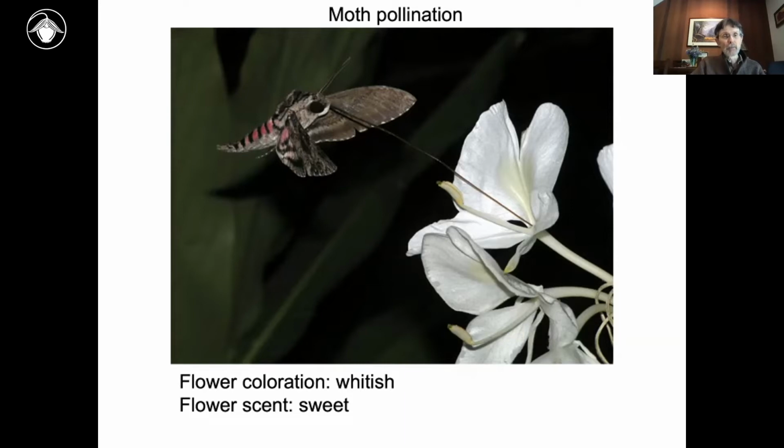So what's been found with pollination syndromes, this matching between pollinator and flower generally represents a match with the most effective pollinator, the most important pollinator, but there could be all kinds of other pollinators that are effective, but just not as effective. And so in general, floral evolution tends to follow with the most effective pollinators.